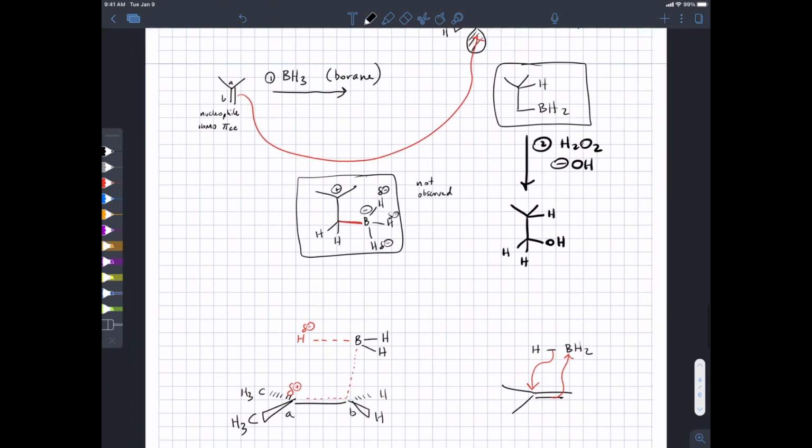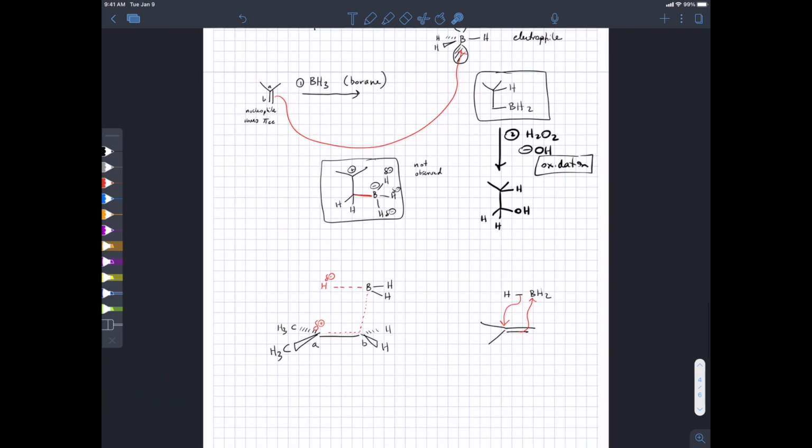The effect of this oxidation step is to replace the carbon-boron bond with a carbon-oxygen bond. You can think of that as magic Lego chemistry if you want. As I said, the mechanism is known, but I don't care that you know it.